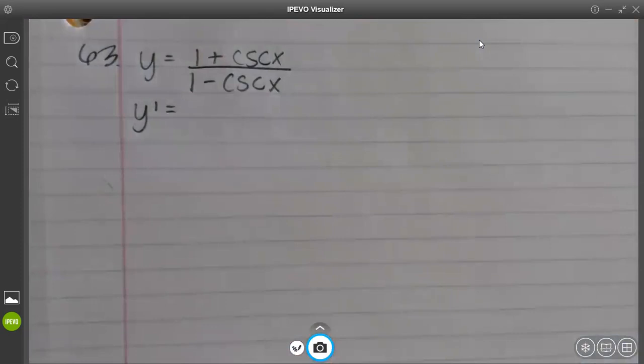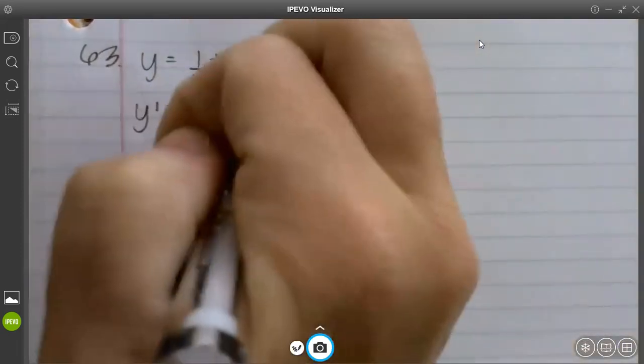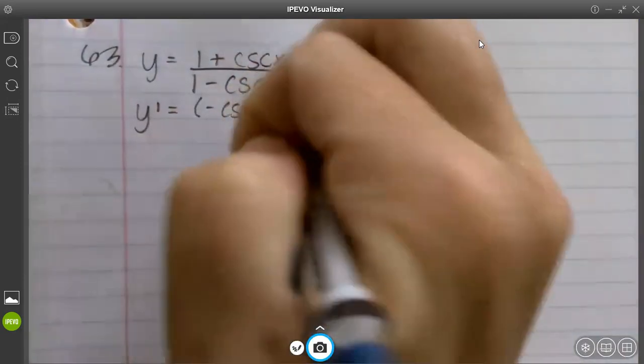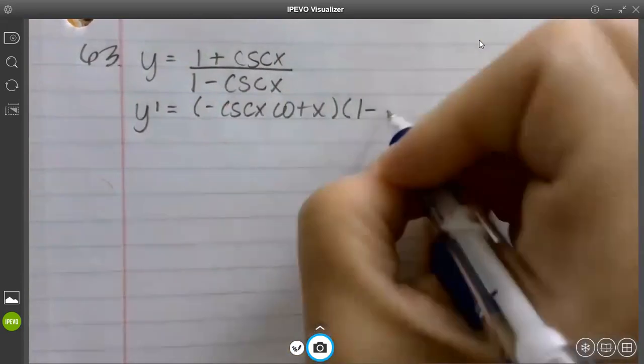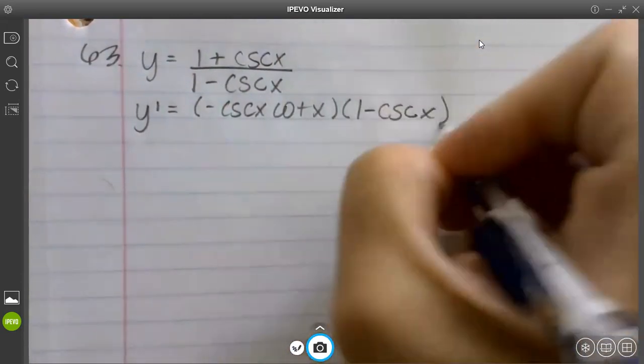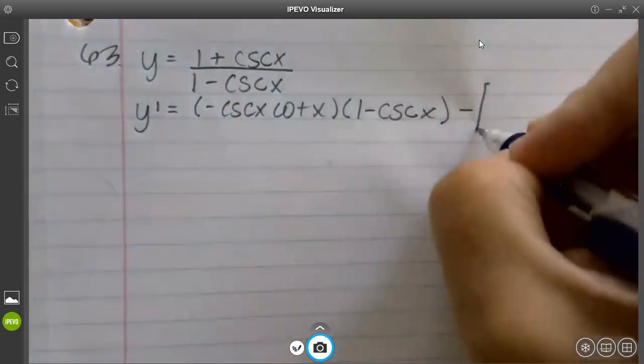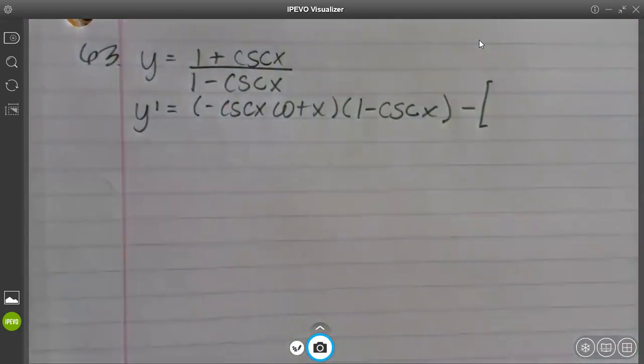What's the derivative of cosecant? And then times the bottom. Minus. Is everybody okay with that? The derivative of the bottom, 1 minus cosecant x.